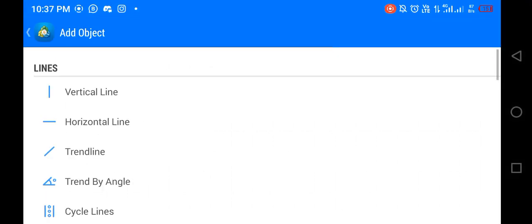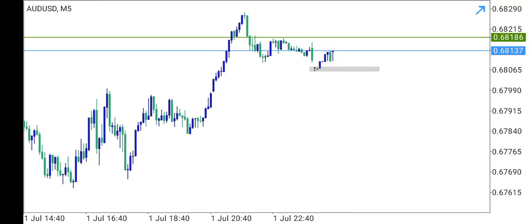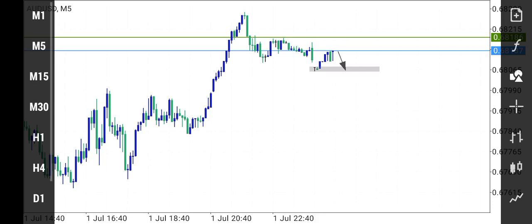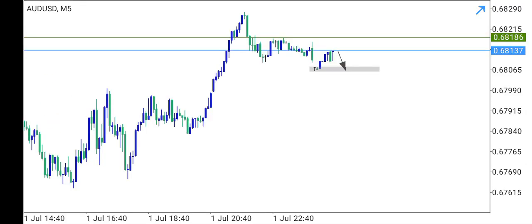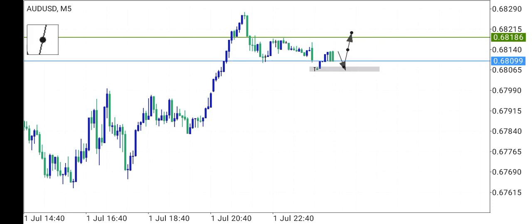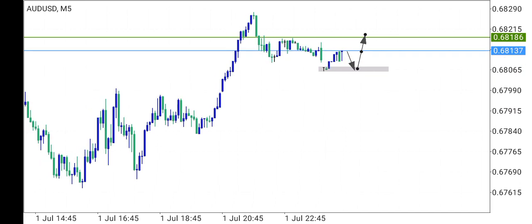So you wait for price. Like me, I normally take my first trade by this time. Then once the second leg moves, you wait for the retest. You wait for the retest of this move.